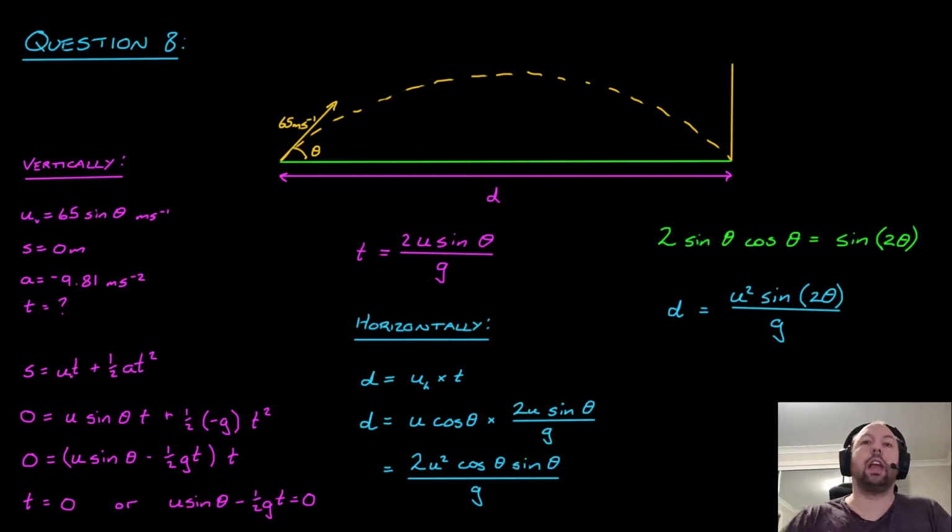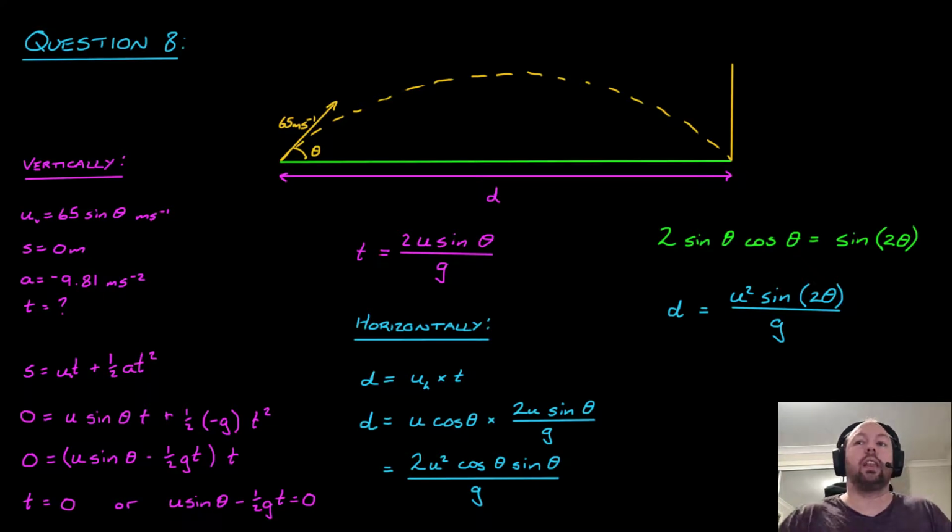It allows you to calculate, knowing the initial velocity and the angle of launch, what the range of that projectile will be. Now, in this case, we are interested in the maximum range. So what we're really asking is, at what angle do I launch to get that value to be a maximum? Now, when we think about it, sine 2 theta, sine of anything, can take values between -1 and 1.